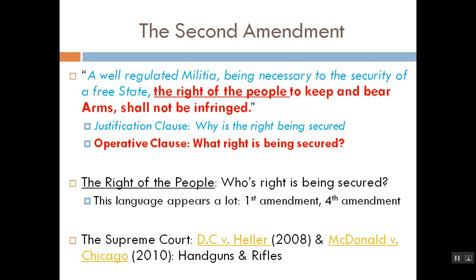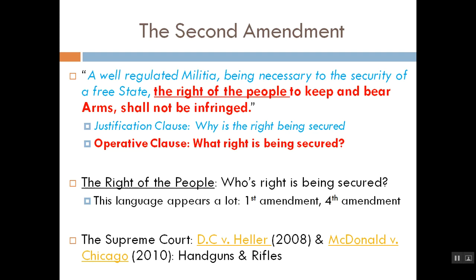And these clauses are sometimes called the justification clause and the operative clause, or, if we wanted to use the exact language of the Supreme Court, the prefatory clause and the operative clause. For our purposes, let's stick to the language of justification clause and operative clause, simply because I think that the word justification in justification clause will help you to understand the purpose of this language.